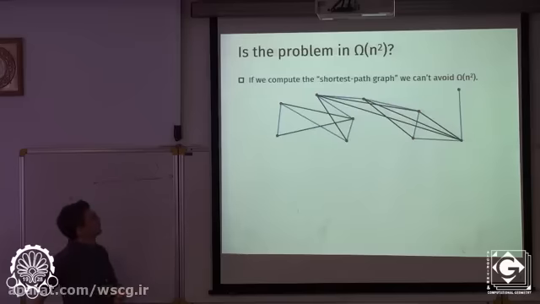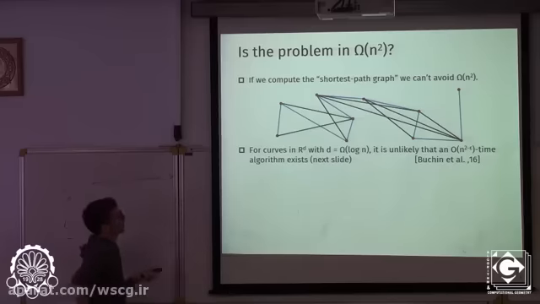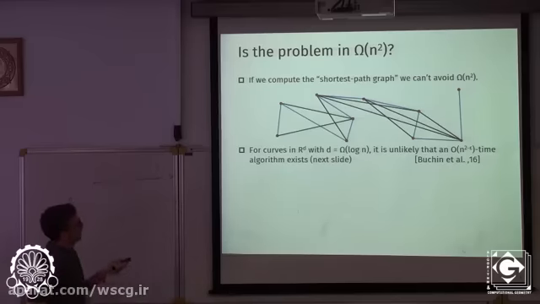I would like to briefly talk about lower bounds. Obviously, if you want to compute the shortest path graph, we will not be able to avoid quadratic time. And we have also shown that if you go to sufficiently high dimension, you cannot do better than quadratic time.